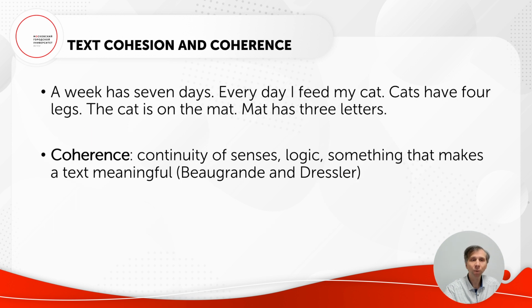So I hope by now we have a good idea of what cohesion is. However, as I said at the beginning of the lecture, the text is held together by mutual dependencies of two kinds, the formal ones and the logical ones. So let's look at this funny text, which is only held together by the formal relationships between the words.